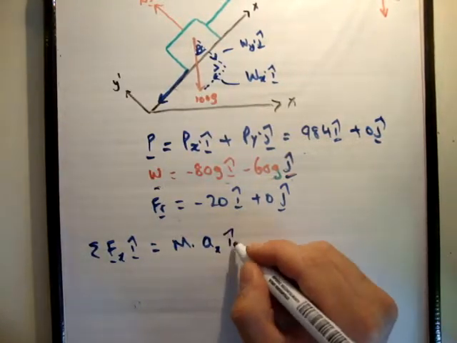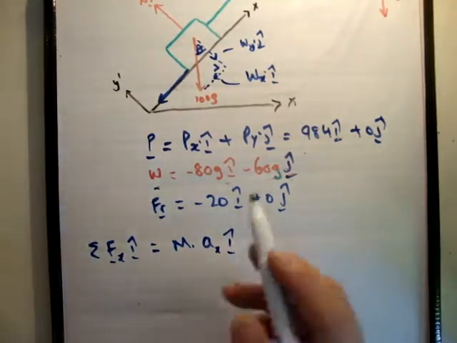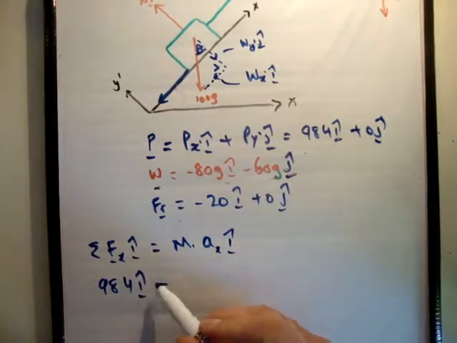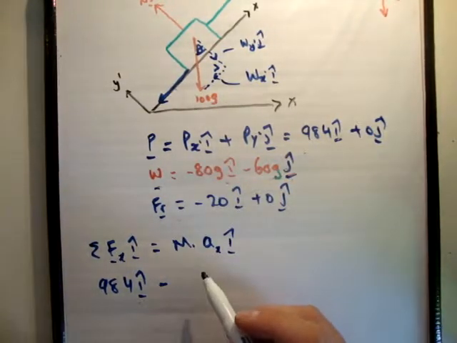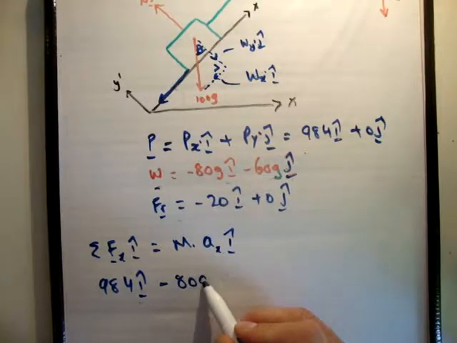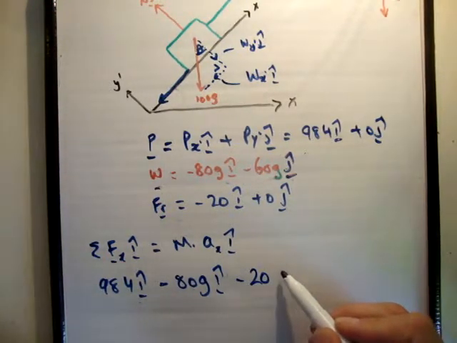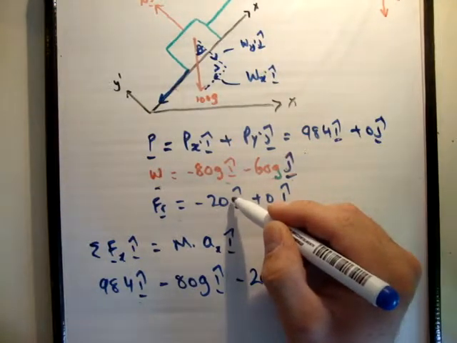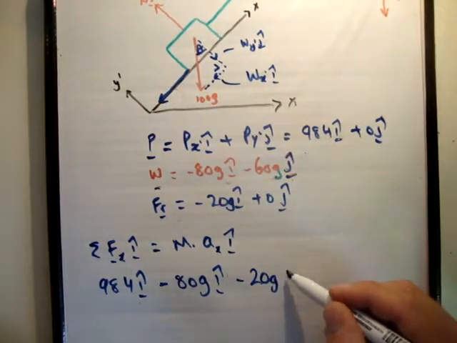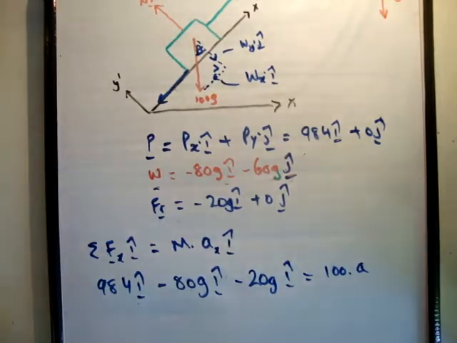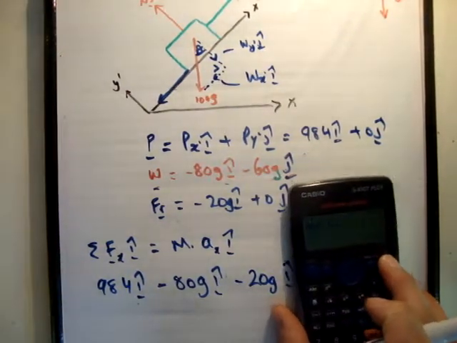Alright, so we're nearly finished now. So what do we have? We still have 984 in the positive i. We have the weight vector, which was 80g in the i hat, and we have the frictional vector, which is 20, wasn't it g? Yeah, 20g, excuse me, 20g in the i hat. That's equal to the mass, which was 100, times the acceleration. So let's just take out the calculator.